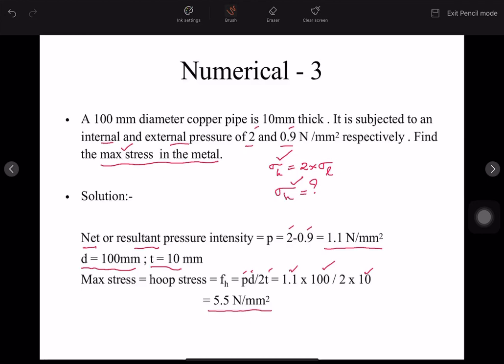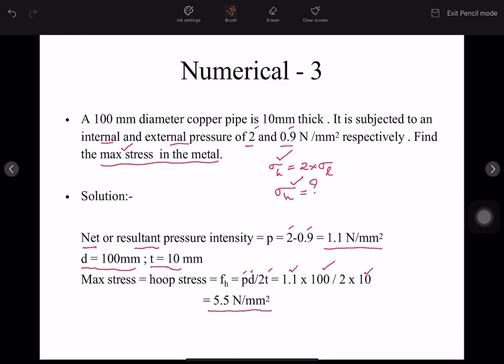So you should not get confused. If we ask to find the maximum stress in the metal, you should not confuse it with the maximum shear stress or something else, right? It simply mentions to calculate the maximum stress itself. We didn't mention any maximum shear stress or the like.